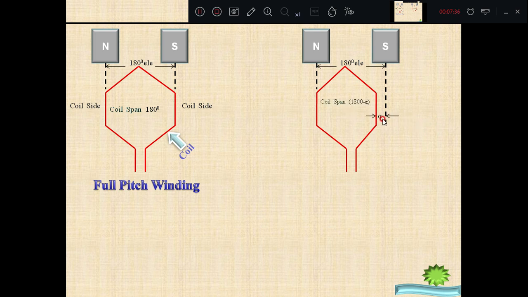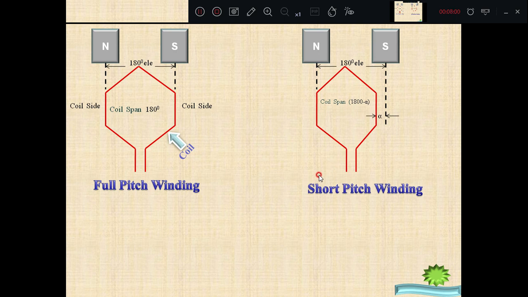The coil span is less than 180 degrees, therefore it is called short pitch winding. Even though in short pitch winding we get a lesser voltage compared to full pitch winding, we go for short pitch winding to improve the waveform and reduce the harmonics.